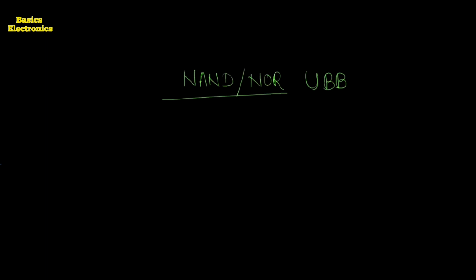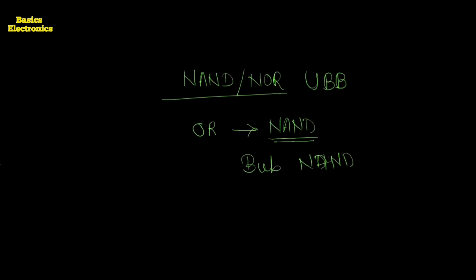If we construct the OR gate by using the NAND gate, we draw the bubbled NAND gate. Why do we draw the bubbled NAND? Because the bubbled NAND is equivalent to the OR gate, and this is given by a theorem that we call De Morgan's theorem.